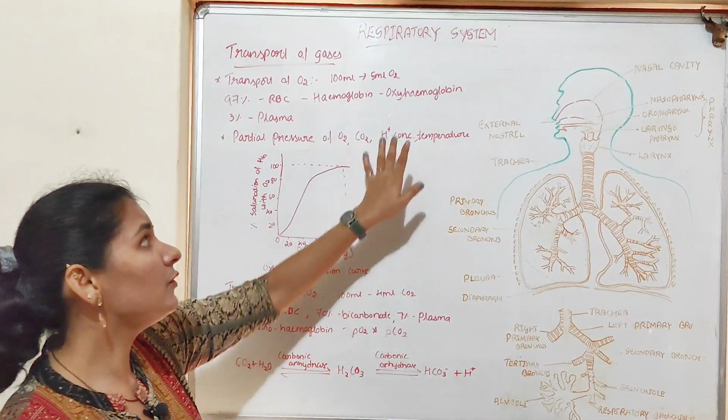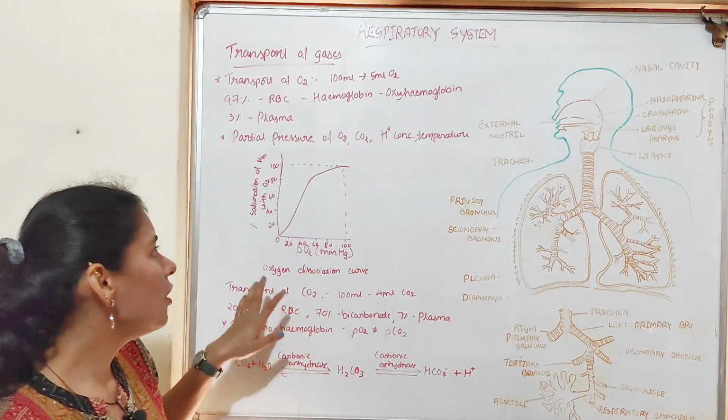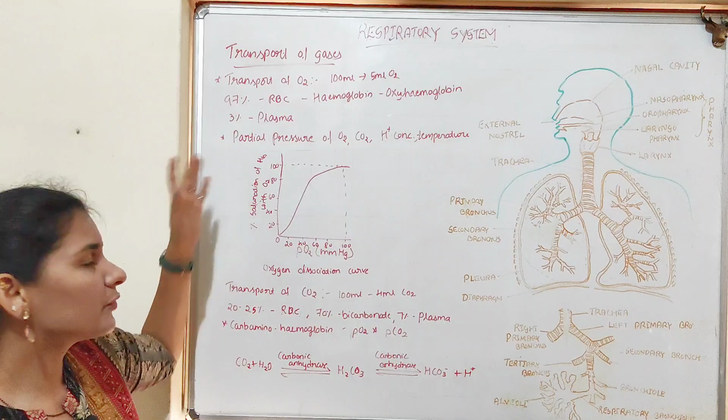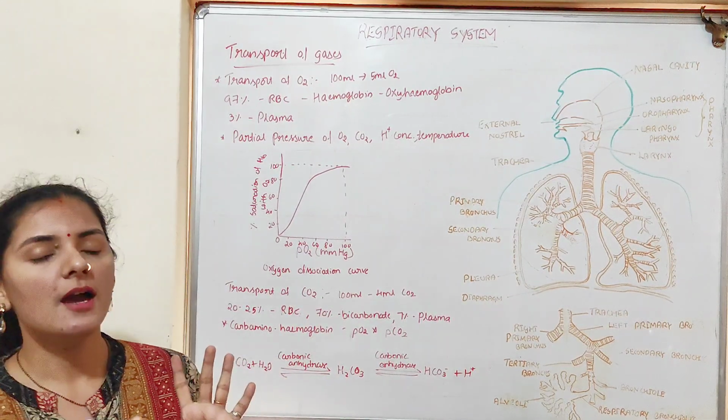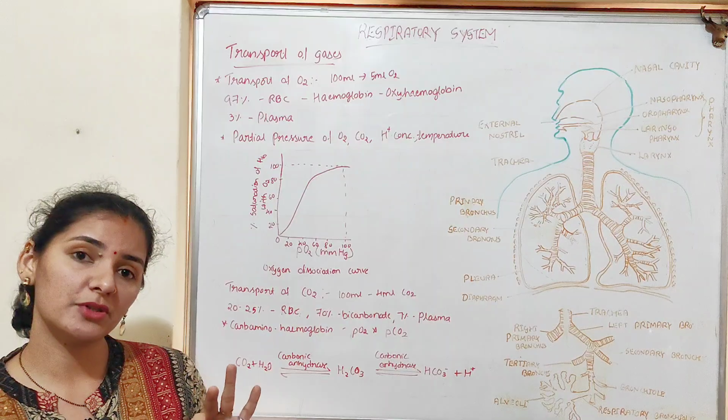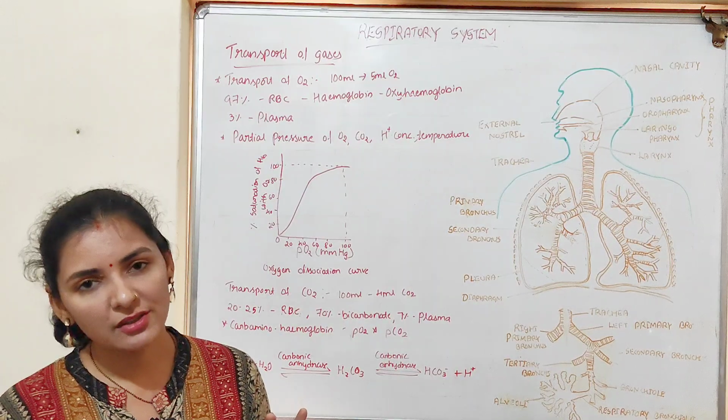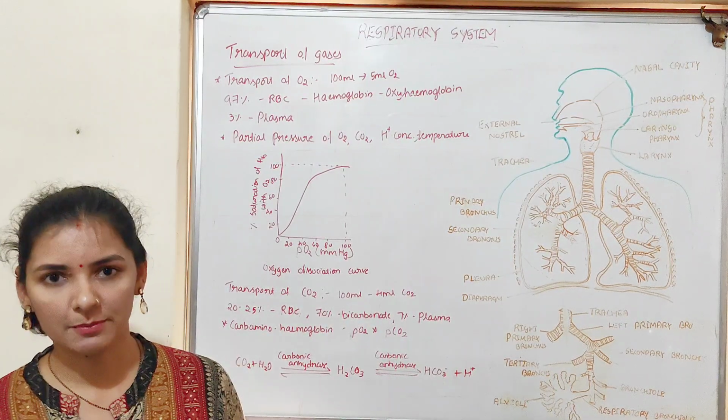So the percentage saturation of the hemoglobin with oxygen depends mainly on 4 factors, that is partial pressure of oxygen, partial pressure of carbon dioxide, hydrogen ion concentration, and the temperature.